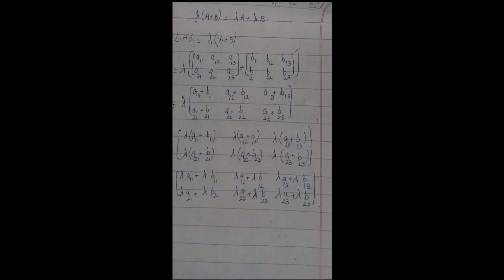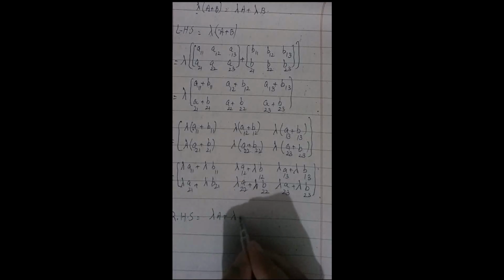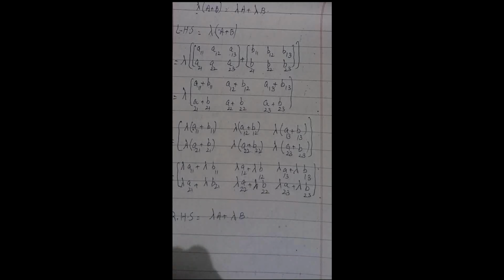Now we take the right hand side. The right hand side is lambda A plus lambda B. Now take A and B matrix and then multiply with the lambda.